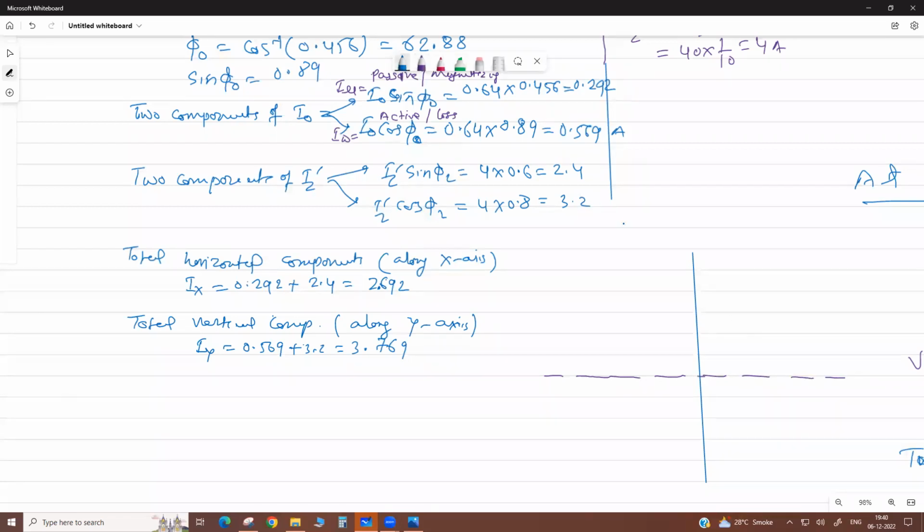Now let us say it is your applied voltage V1. Now your no load current lags this voltage by phi naught. This is I naught. Now it has two components, this and this. This is I mu, this is I omega.